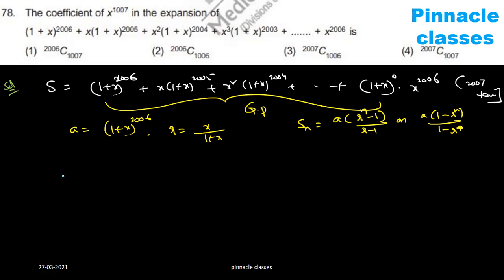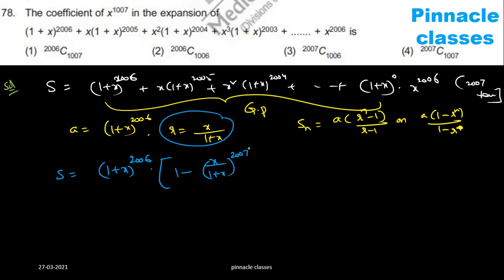See, S is equal to, first simplify, after that find the expansion. So A is (1 plus x) whole power 2006 into 1 minus, what is the r here? x by 1 plus x, whole power 2007, whole divided by 1 minus r.